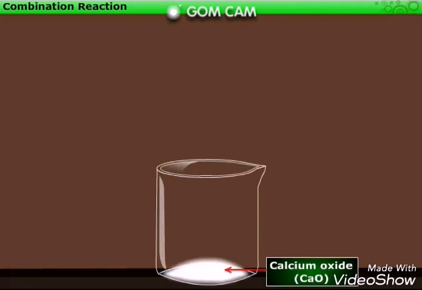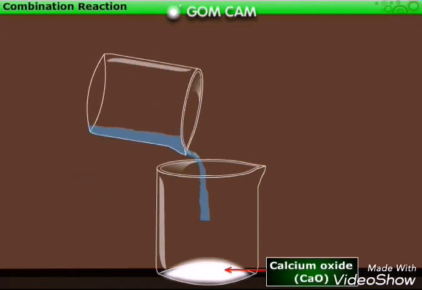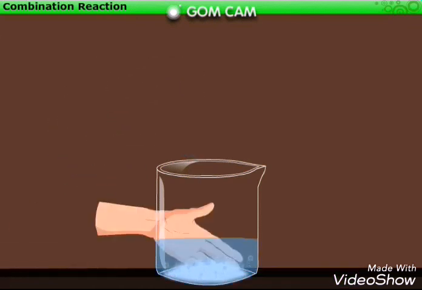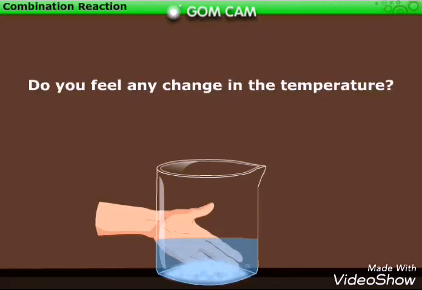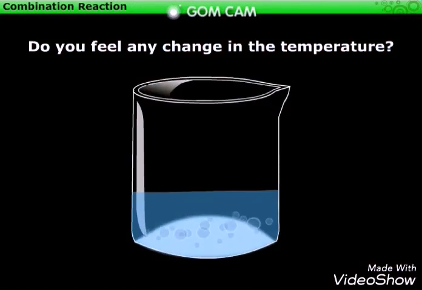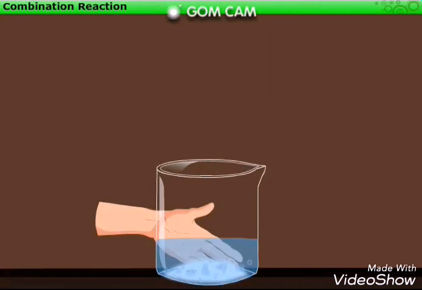Take a small amount of calcium oxide in a beaker. Slowly add water to this. Touch the beaker with your hand. Do you feel any change in the temperature? You will feel that the beaker is warm.